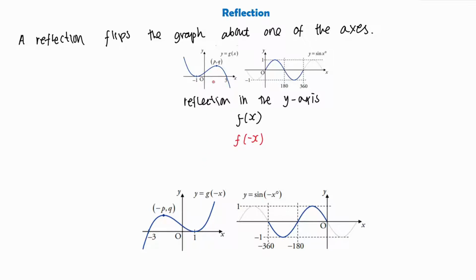So it flips about the y-axis. And we can see the same is happening with sine x. So we can see sine of minus x, again, is just simply changing the x coordinate to be minus x.